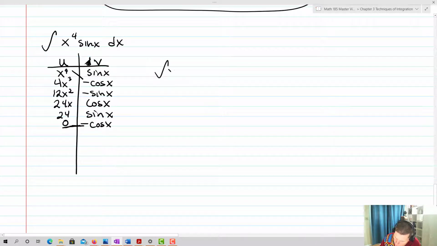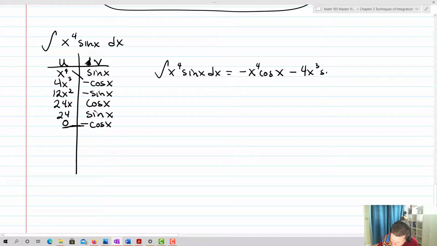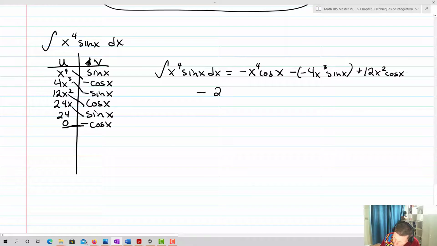So now I'll take the first set. The integral of x to the 4th sine x dx is going to equal negative x to the 4th cosine x minus 4x cubed, but actually we need negative, so minus 4x cubed negative sine x, then plus 12x squared cosine x, minus 24x sine x, plus negative 24 cosine x, plus c.